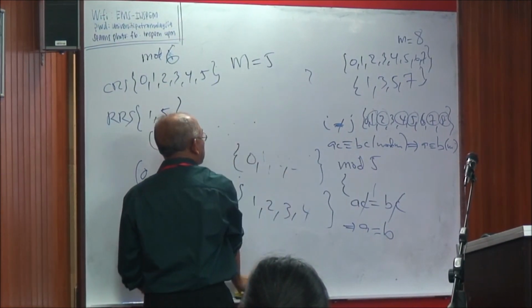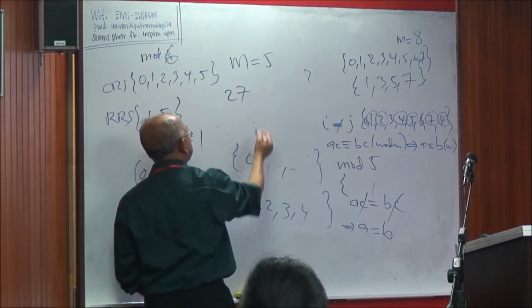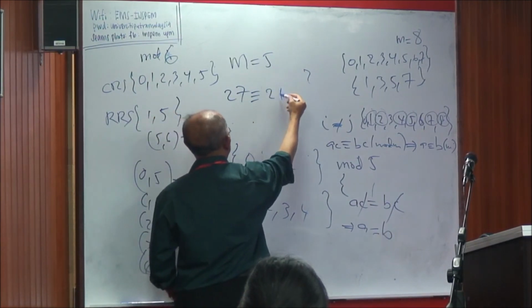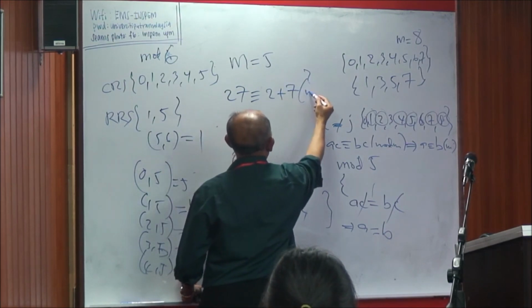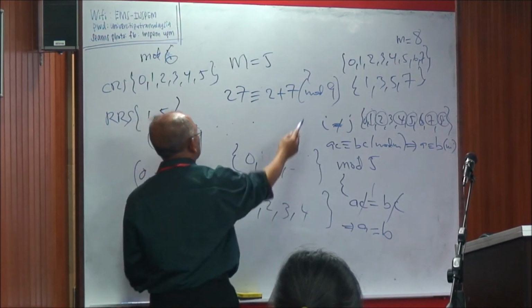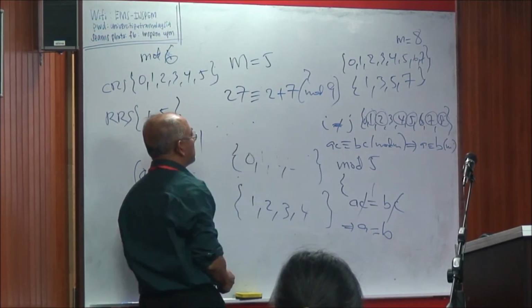So 27 is definitely congruent to the sum of the digits, which is 2 plus 7, 9.